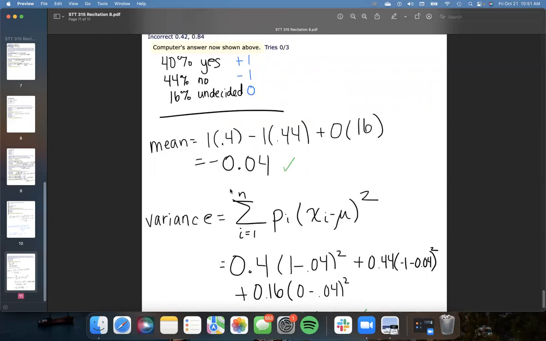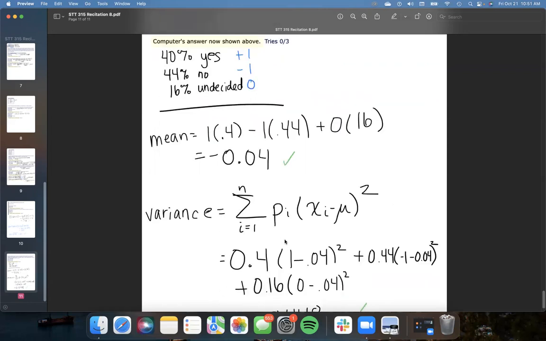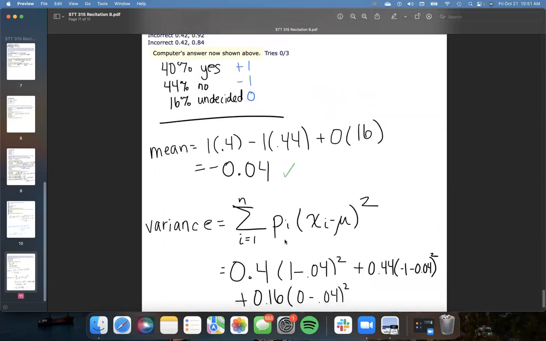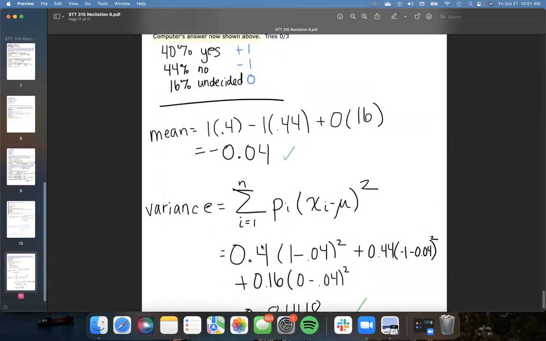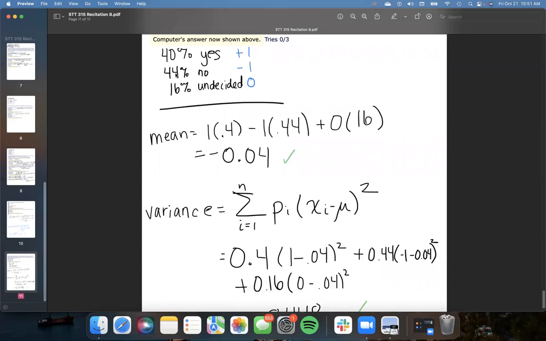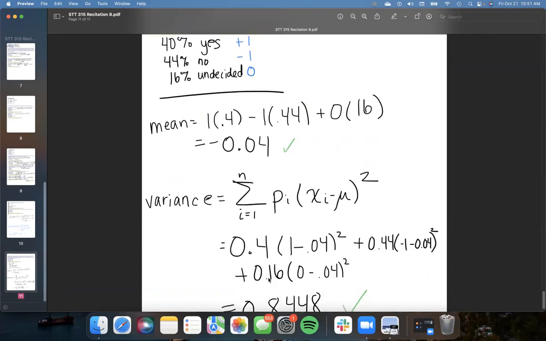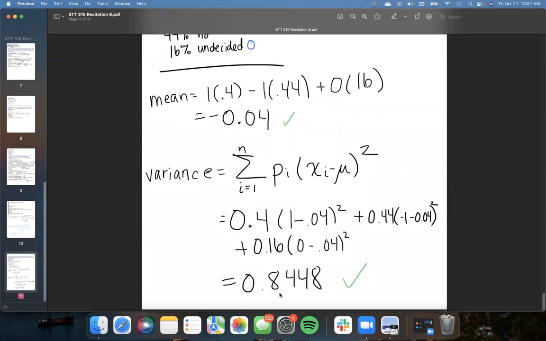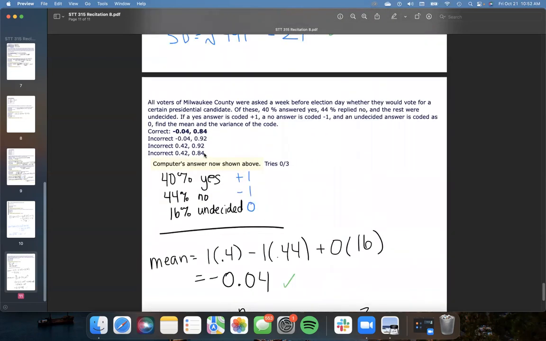So we would get, I may have messed up my signs, did I? I may have put it in my calculator right, but then you would do xi minus mu, which our mu is -0.04, and then you would go on to the next one. So you would have 0.44 times -1 minus -0.04 squared, and then 0.16 times 0 minus -0.04 squared. So then you get 0.8448.